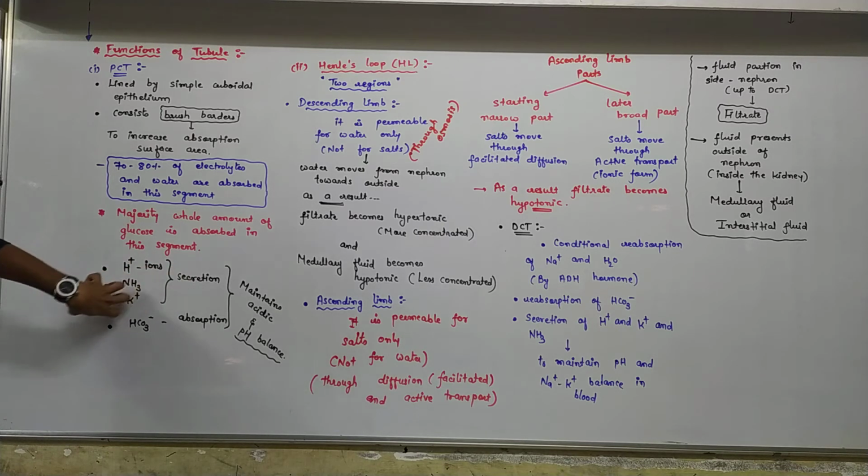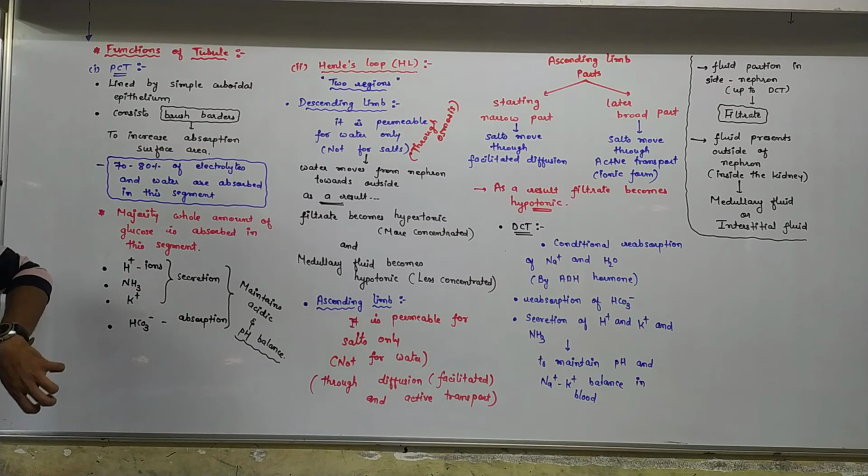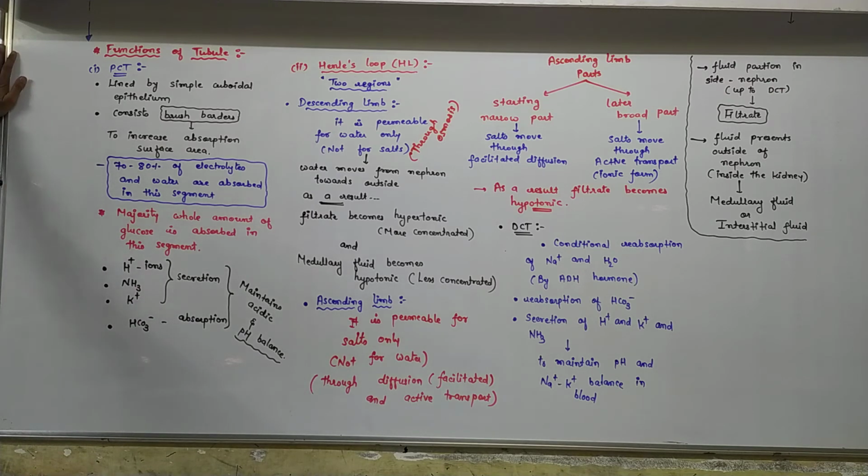Along with that, some more hydrogen and potassium ions are secreted there. Ammonium ion is also secreted there to maintain the pH and sodium potassium balance in the blood. So the distal convoluted tubule is very important to maintain the sodium potassium balance in our blood.